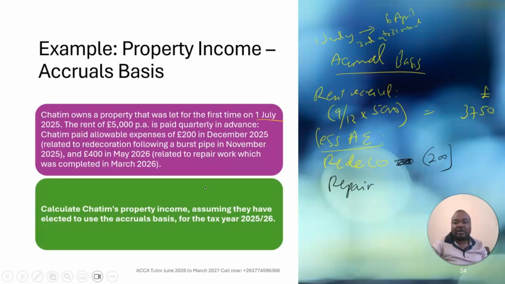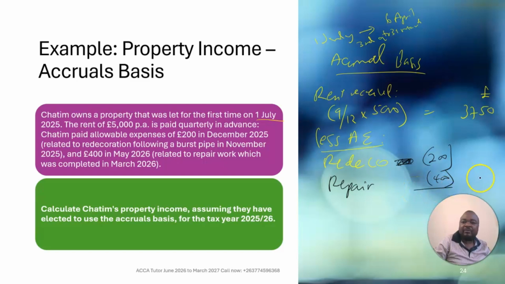So the work was completed in March, which is within our tax year. Because this is an accrual basis, the expense was incurred within the tax year. So in that case, the expense is going to be considered as allowable for this tax year. So we're going to put the 400 here.